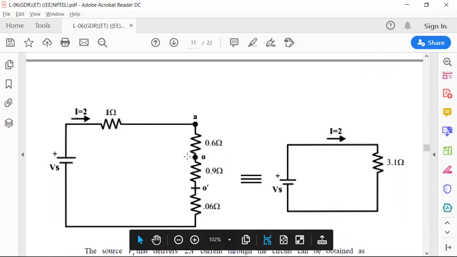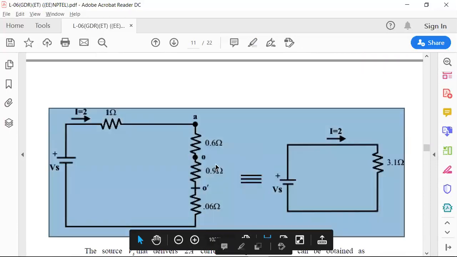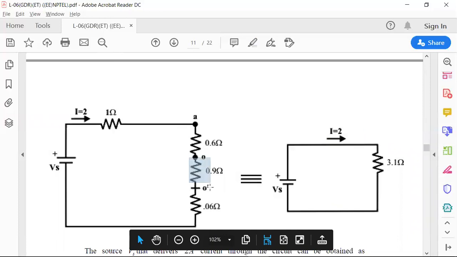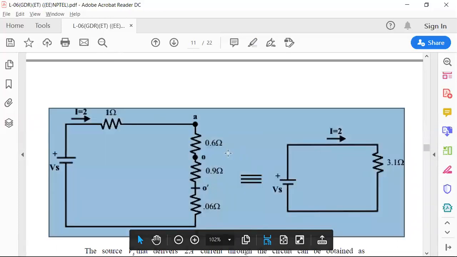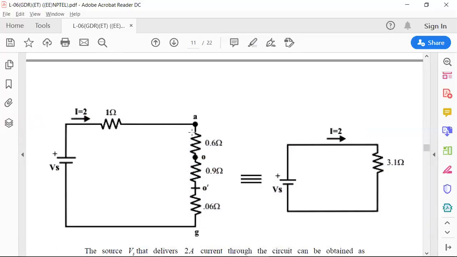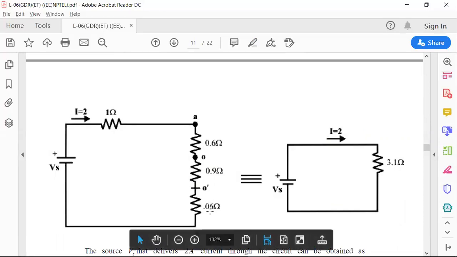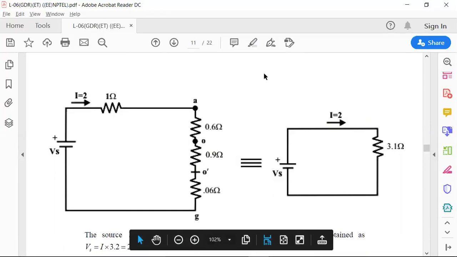These points are very important. You should remember these points, O dash, all these points. Then based on this O and O dash, you already know 0.6 and this also 0.6. Where it says this is wrong, you should write 0.6. Some errors may happen.